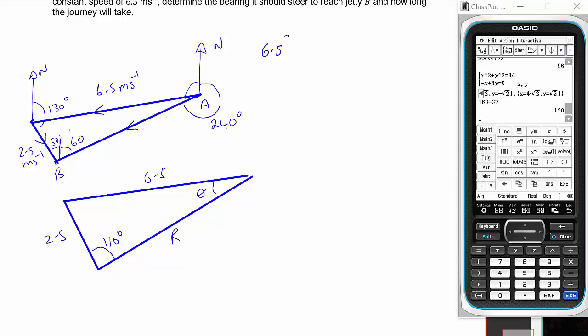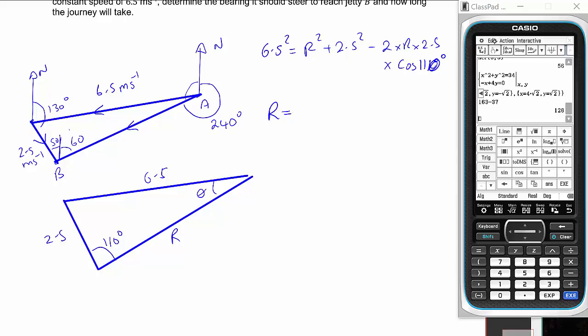So 6.5 squared is equal to R squared plus 2.5 squared minus 2 times R times 2.5 times cos 110 degrees. And so we solve that for R.